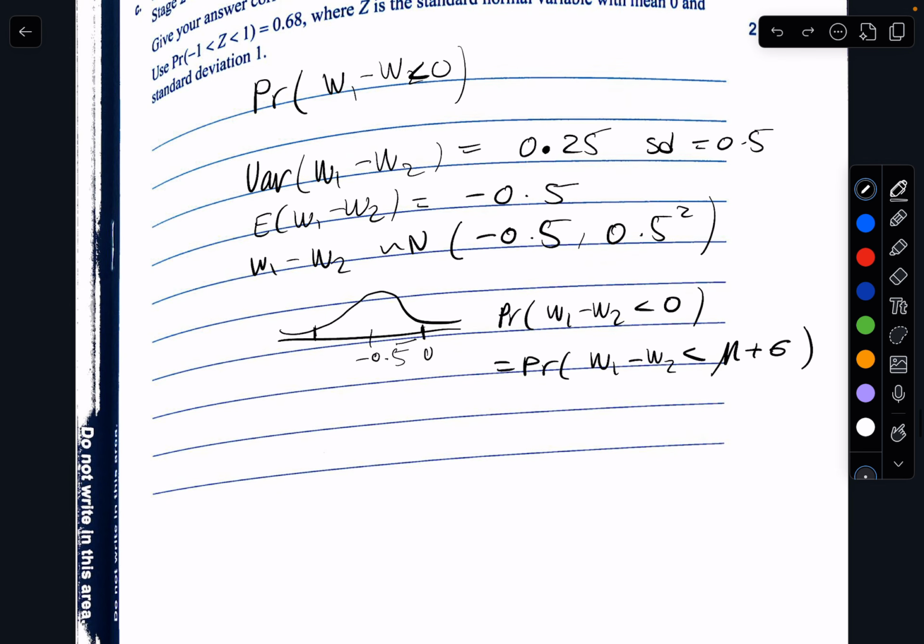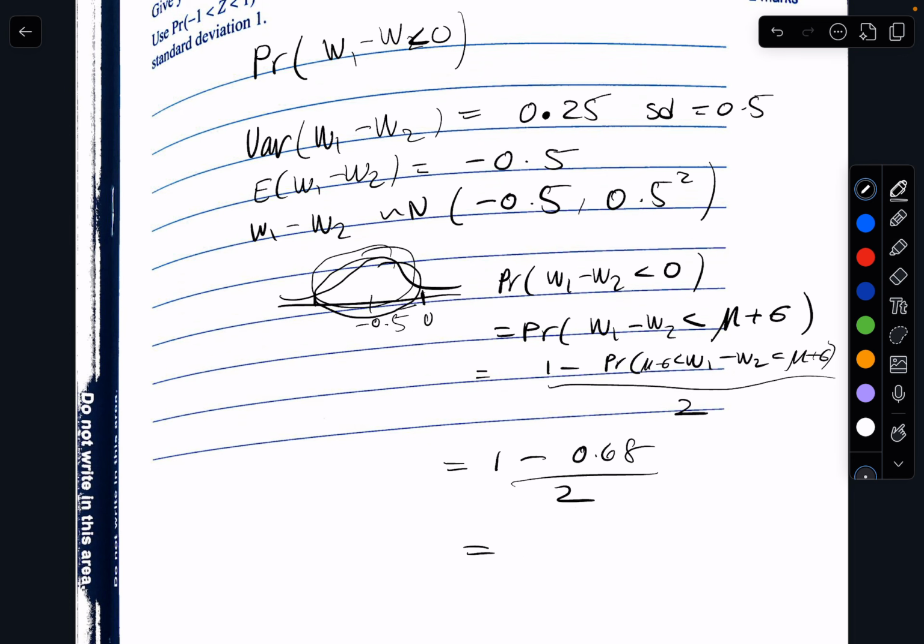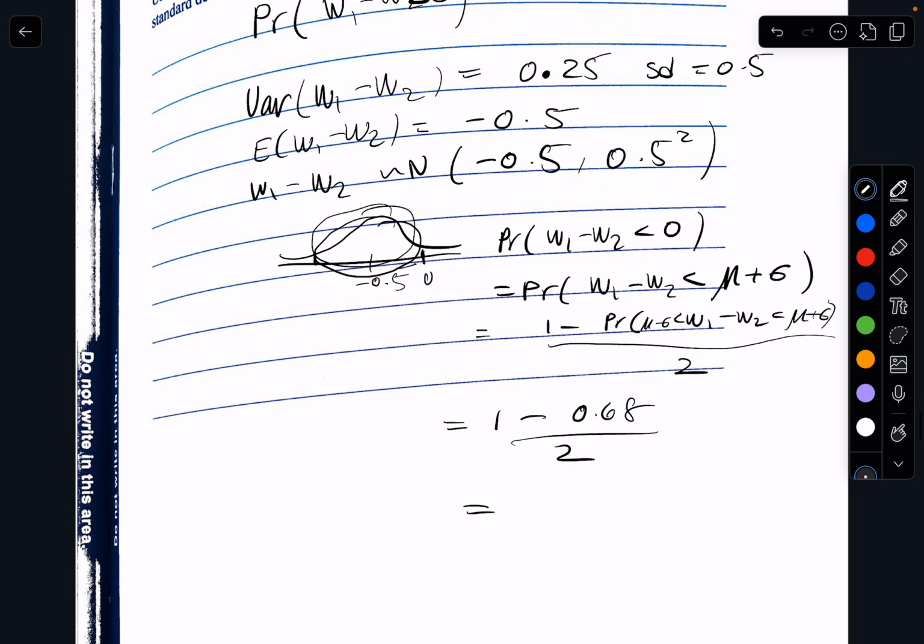So we can say that if we just work that out, that is, if we do this, it's going to be 1 minus this probability over 2, which is 1 minus 0.68 over 2, which is 0.32 over 2, or 0.16.